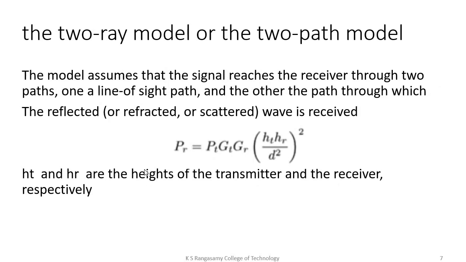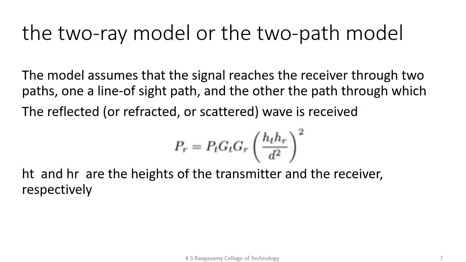Next is the two-ray model, or the two-path model. It has two paths: one is a line of sight path, that is the direct path, and the other is a path through which a reflected, refracted, or scattered wave is received by the receiver.